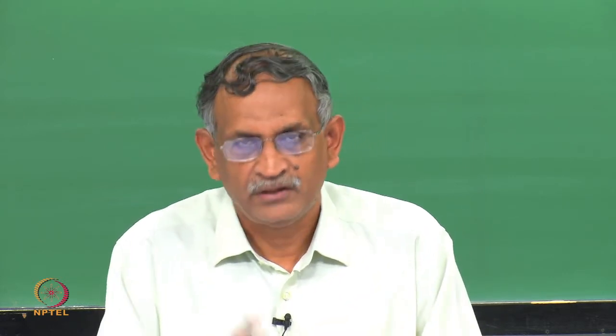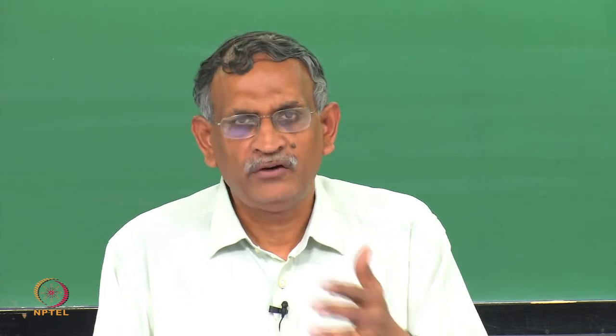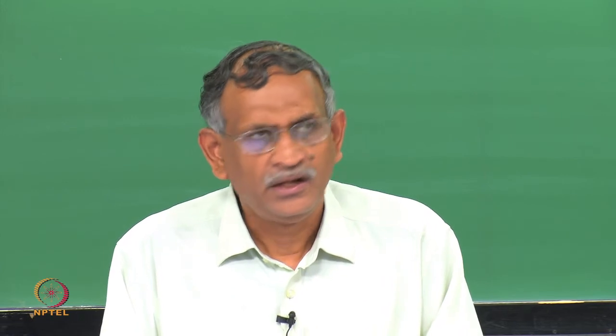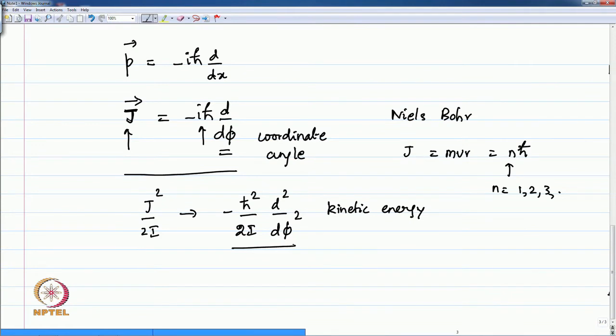The r does not change. Let us assume that, because if that is fixed, then the potential energy due to that radius is a constant, and we can ignore that in this simple exercise on the particle on a ring, and we shall only worry about the kinetic energy operator.